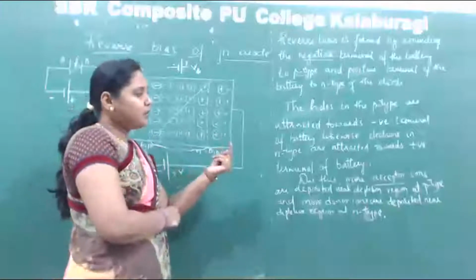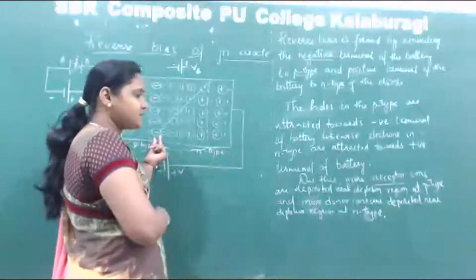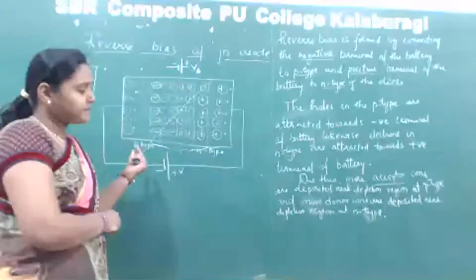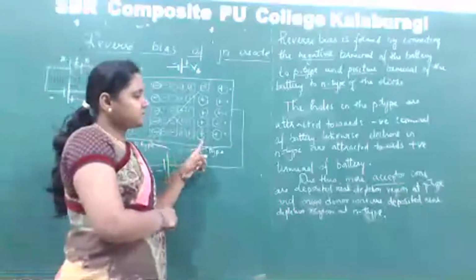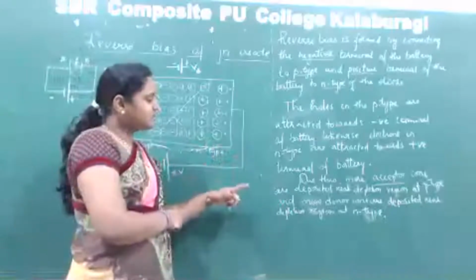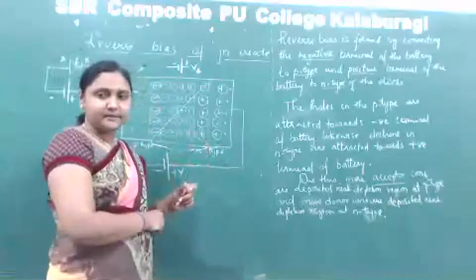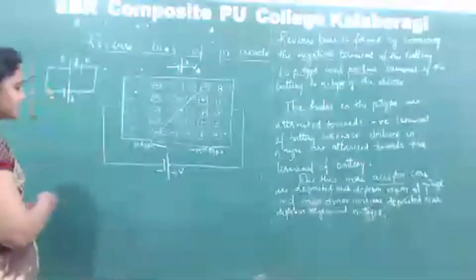Due to this, more acceptor ions are deposited near the depletion region at P type, and more donor ions are deposited near the depletion region at N type.